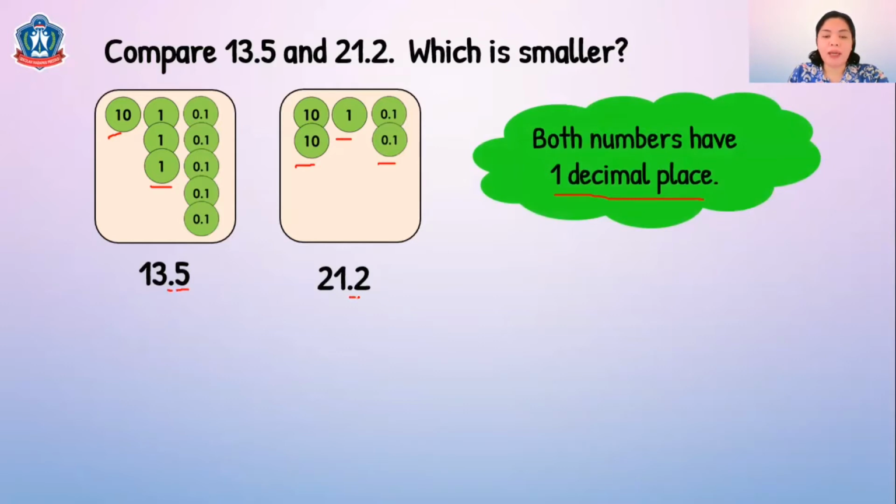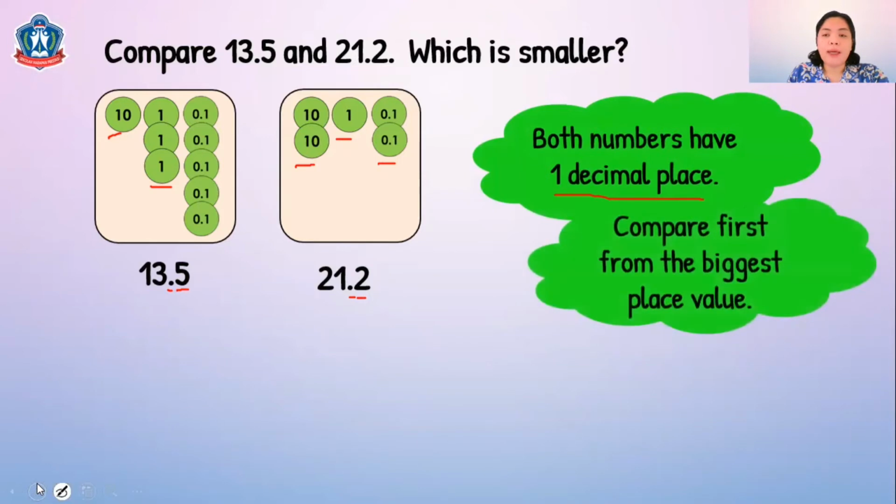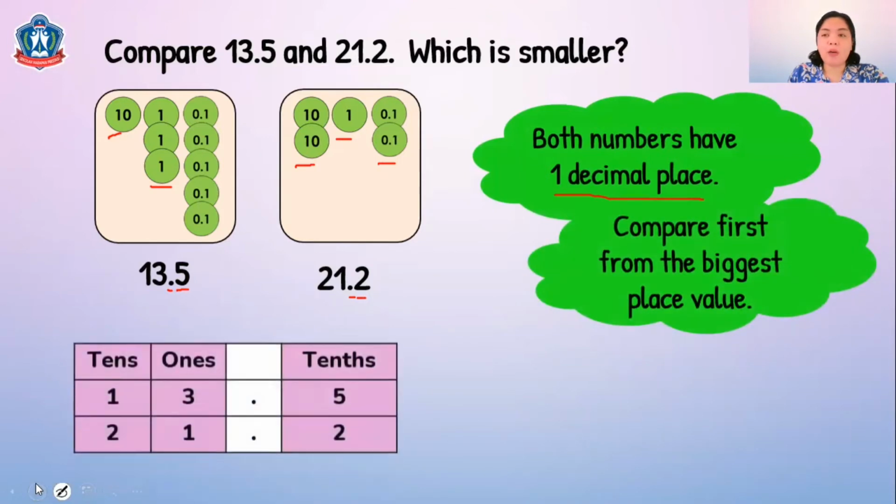Okay? Now, to easily compare them, we can compare them using our place value chart. Now, just like comparing whole numbers, P5, we will compare decimal numbers also starting from the biggest place value. And what is the biggest place value?